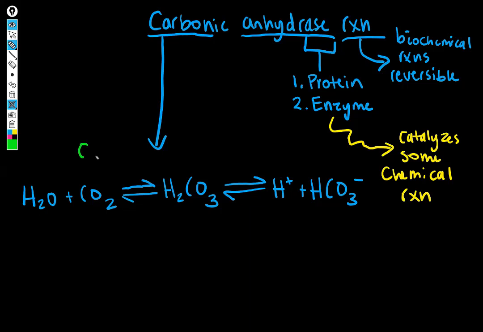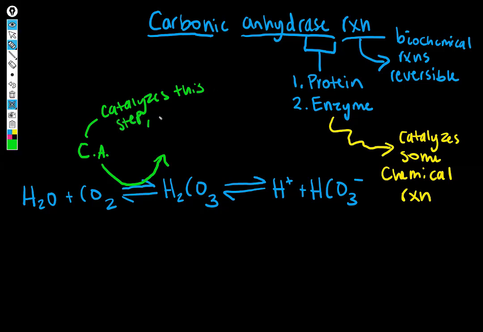I'm going to abbreviate carbonic anhydrase by saying CA. And I'm going to draw that to indicate that in this reaction set, there's two halves, and carbonic anhydrase is responsible for catalyzing this part specifically, and the double arrow indicates that it does so reversibly.